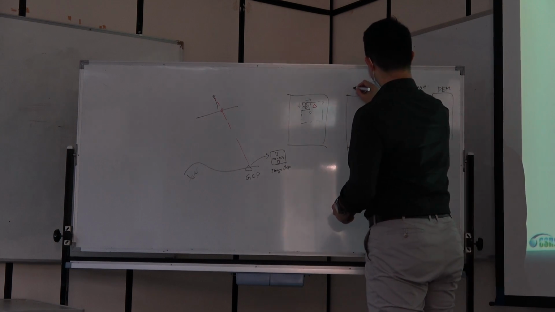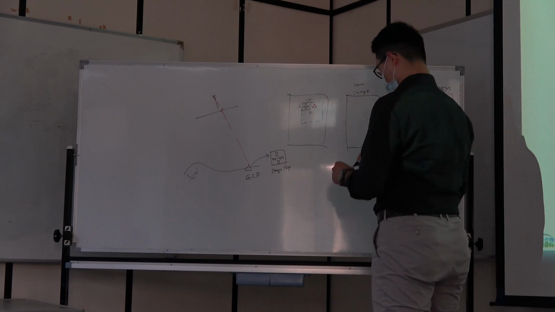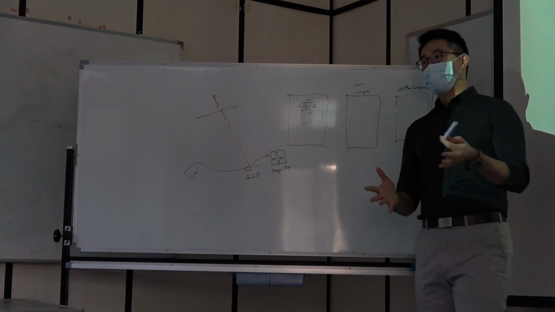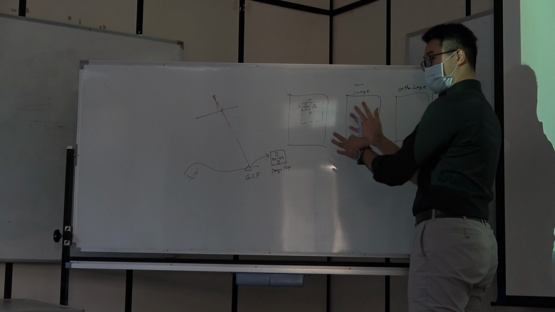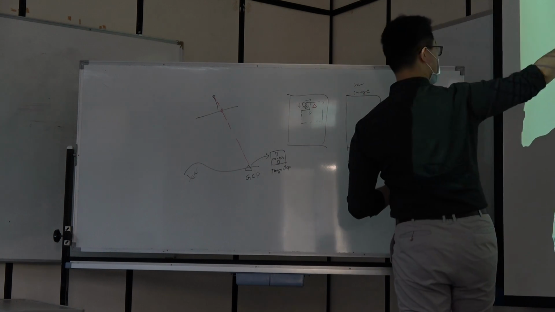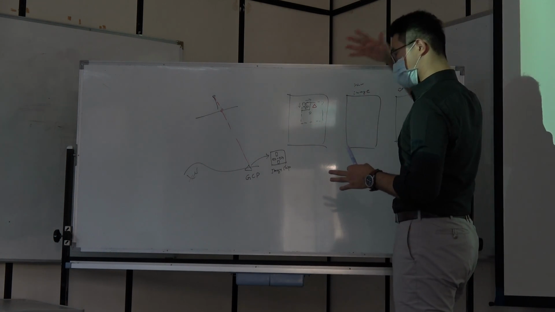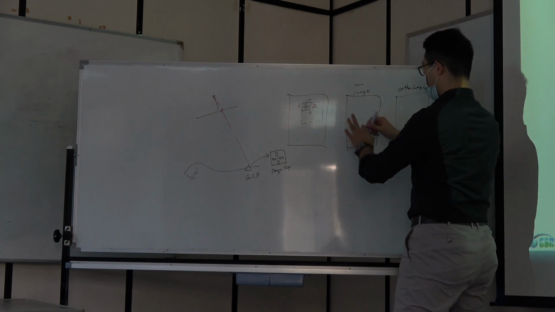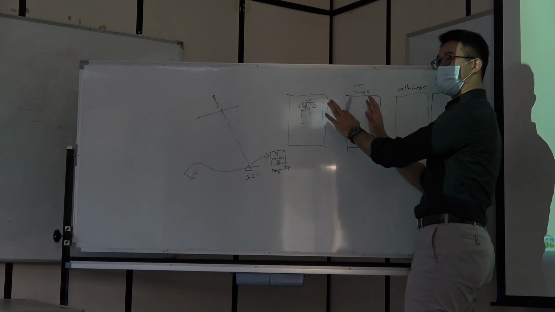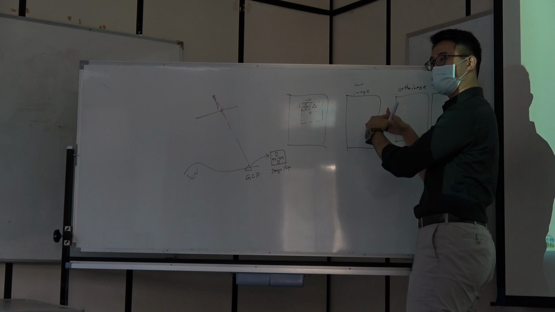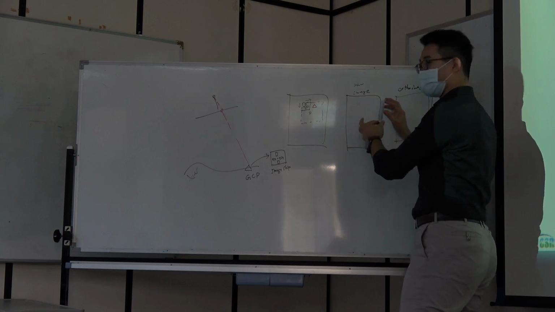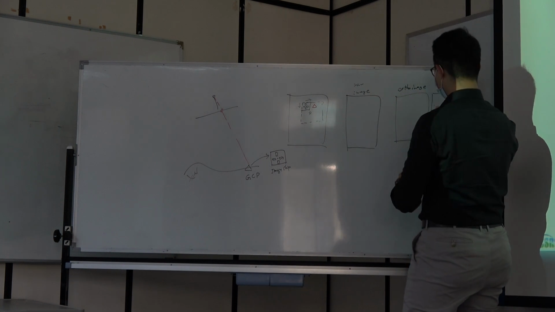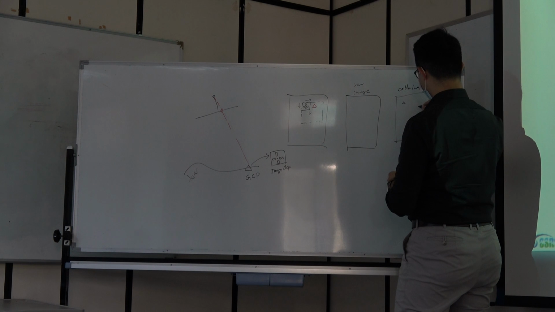And this is the raw image. Of course, this also has the initial EOP. So by using the initial EOP, you can perform the image matching, find the possible region where you can find the features. So you can extract some features over here.